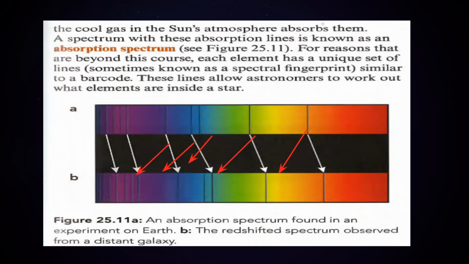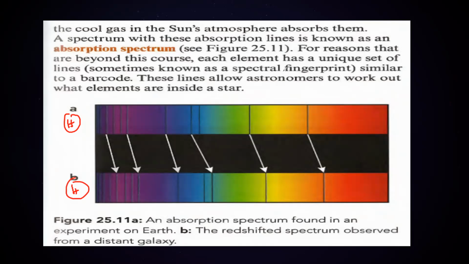So it's a comparison between the absorption lines for hydrogen on the surface of the Earth and hydrogen in the galaxy. If it is shifted towards red, we say this galaxy is going away from us. If it's shifted towards blue, this galaxy is moving towards us. Which galaxy is giving us the blue shift?